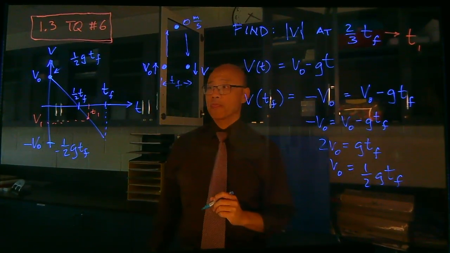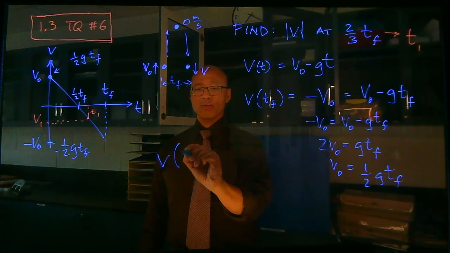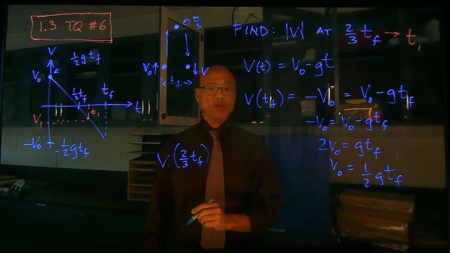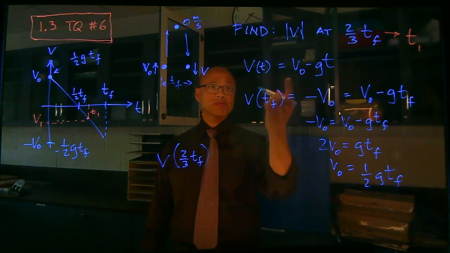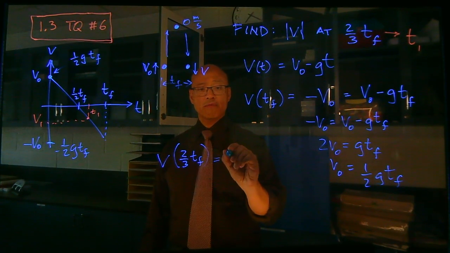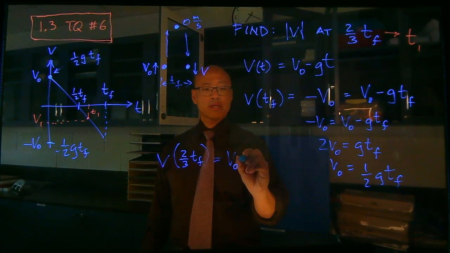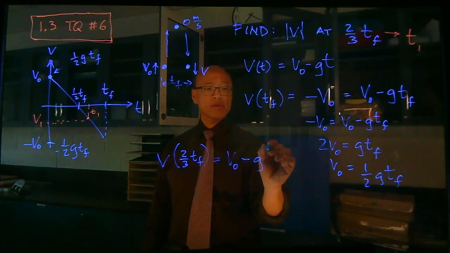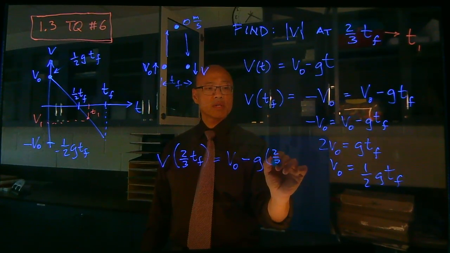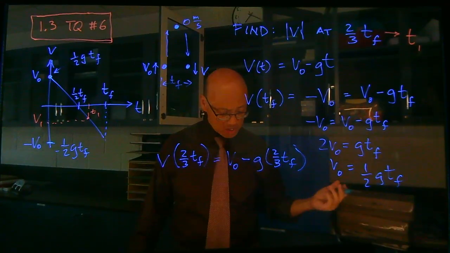So I want to know what my velocity is at 2/3 TF. If we go brute force, we'll just churn away. Well, that's going to be v naught minus g at 2/3 TF. By the way, what do they want the answer in terms of?